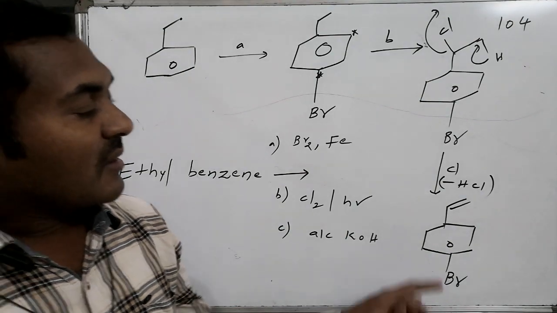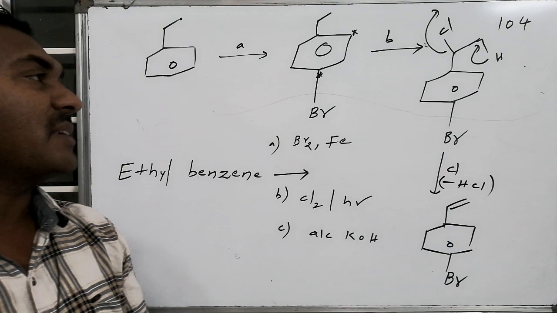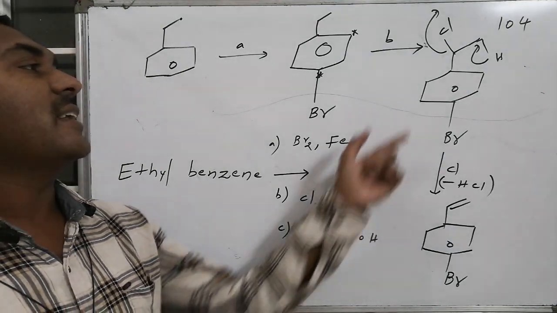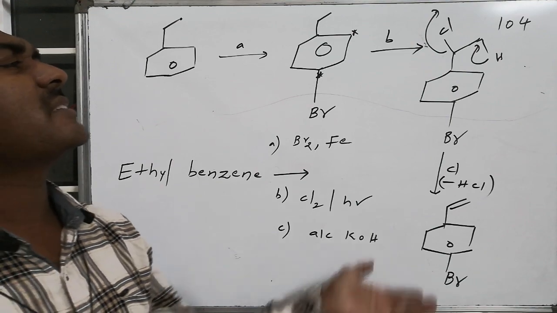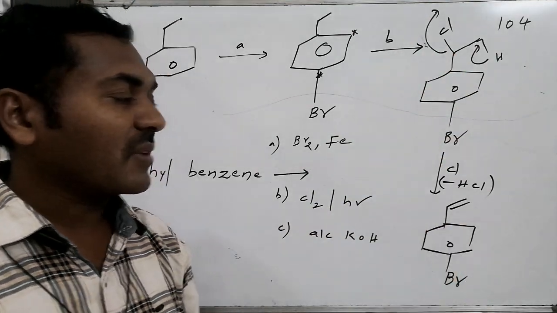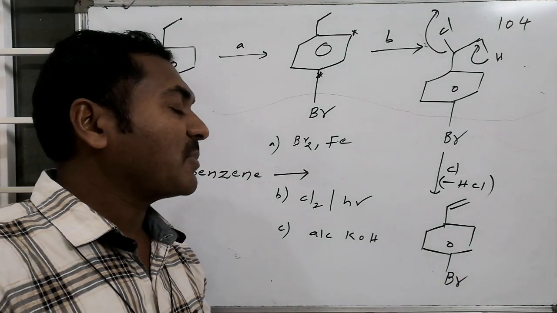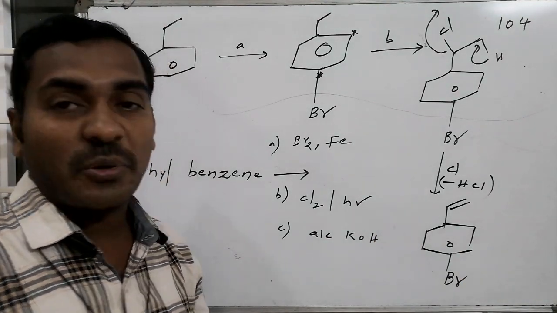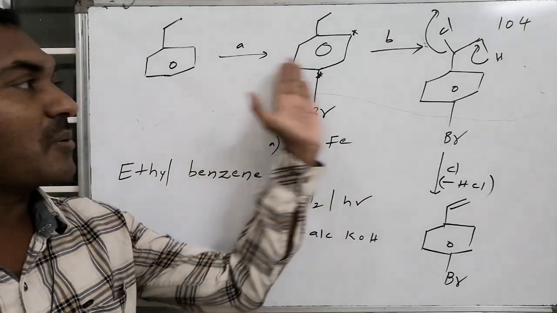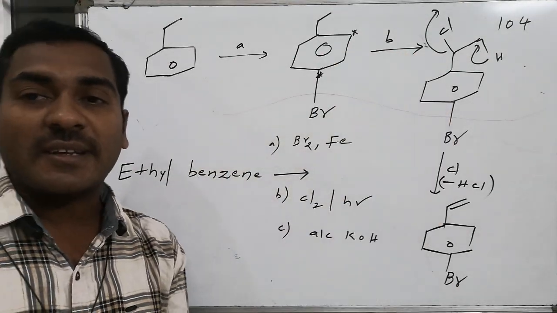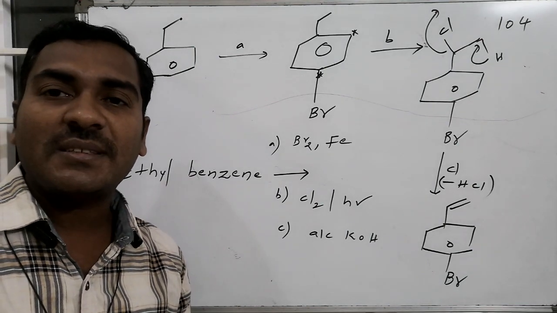Then on heating in the presence of alcoholic potassium hydroxide, which is a strong base, elimination takes place. That elimination is generally E2 elimination, which results in the formation of what? Our ethene system as a substituent over the benzene, associated with the bromine at the para position. Thus, this will be the final product, including the corresponding reagent related transformations in sequence.